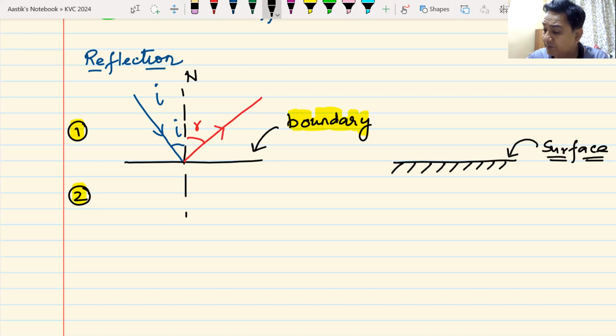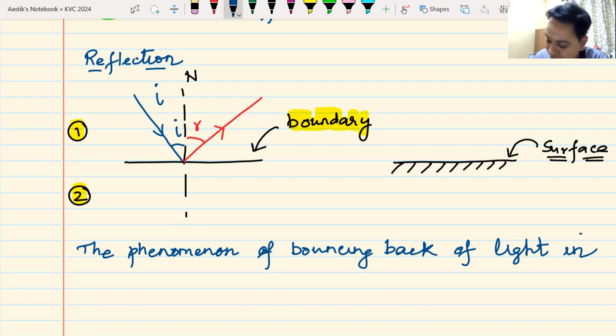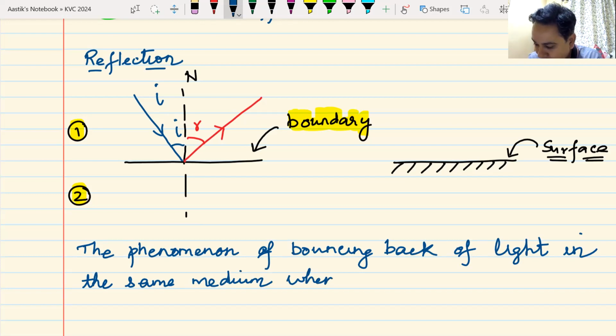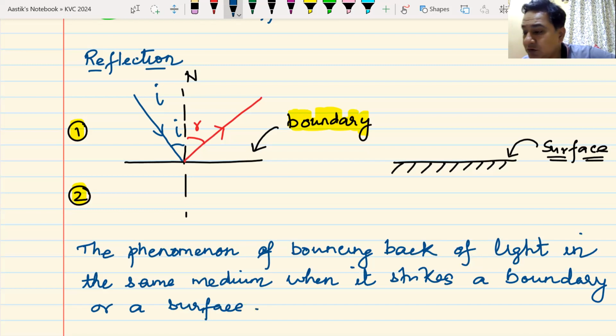The phenomenon of bouncing back of light in the same medium, when it strikes a boundary or a surface, this phenomenon is known as reflection.